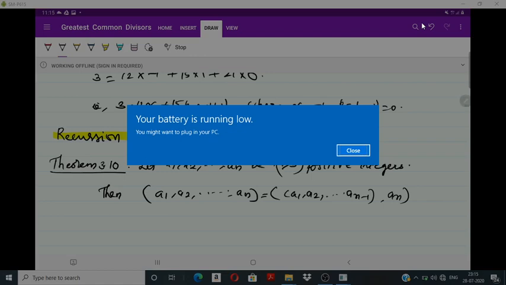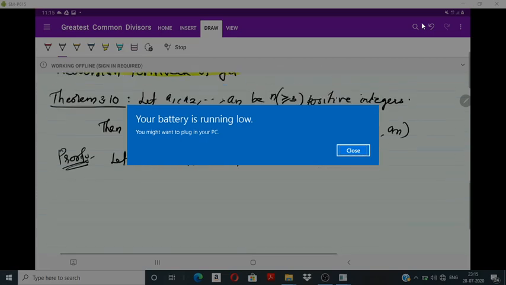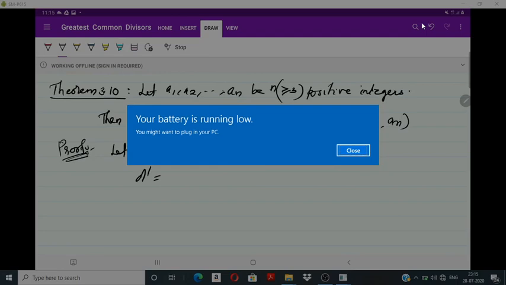So for convenience we name the GCDs. Let D be equal to GCD of a1, a2, etc. an, and let D dash be equal to GCD of a1, a2, etc. an minus 1, and D double dash be equal to GCD of D dash comma an.